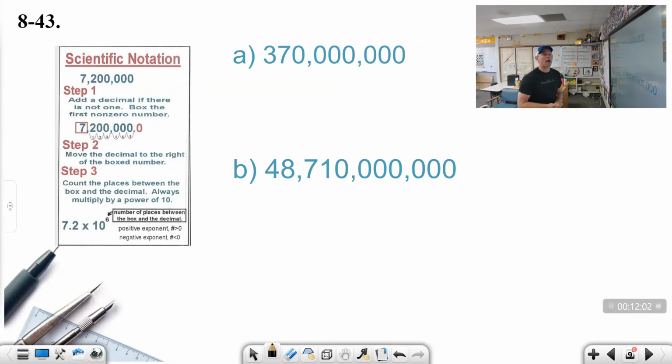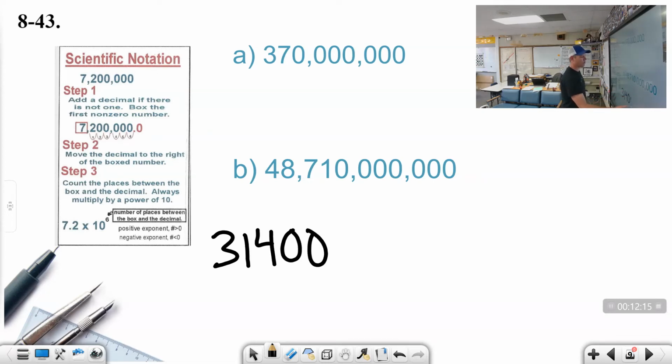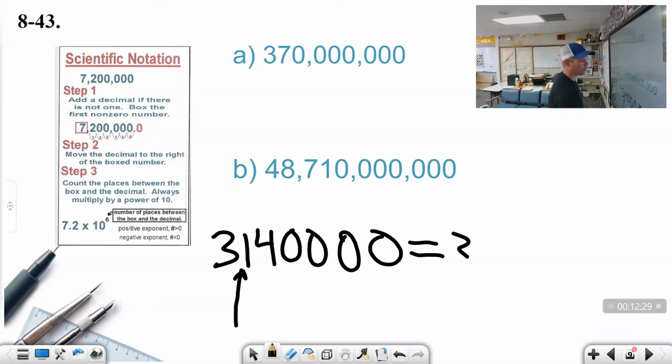Okay, so let's go ahead and practice writing these in scientific notation. Okay, if I had the number 314000, don't write this down, but if I were to turn that into scientific notation, I first of all think, where do I want my decimal to go? Right here. So I write 3.14.